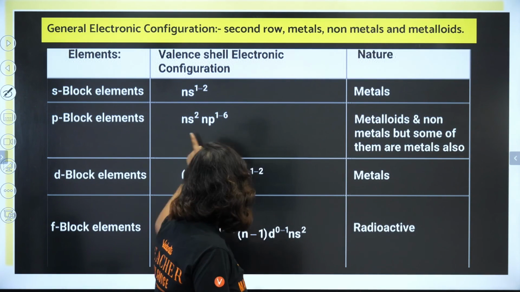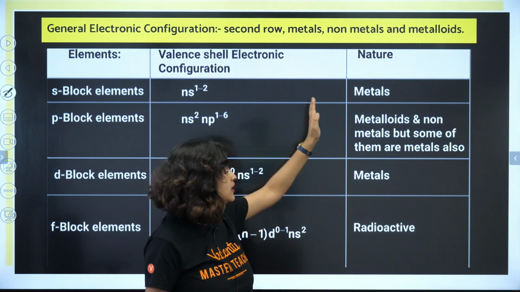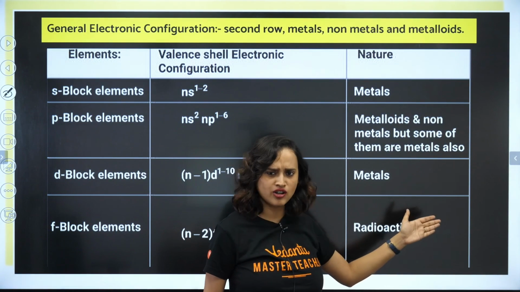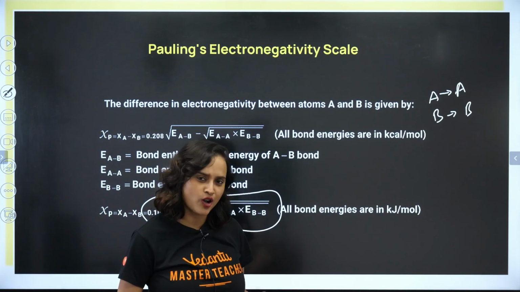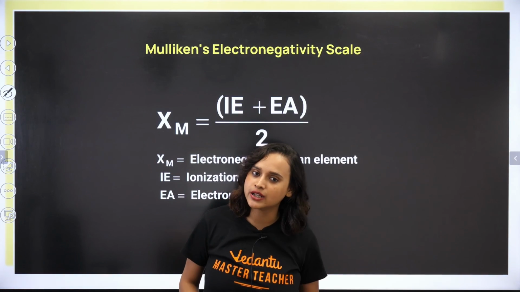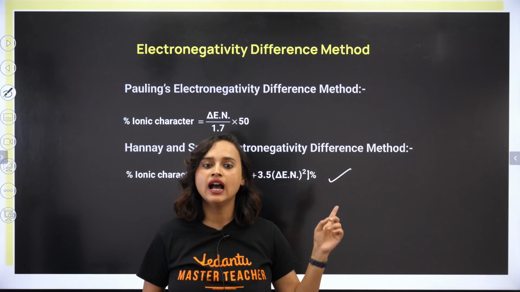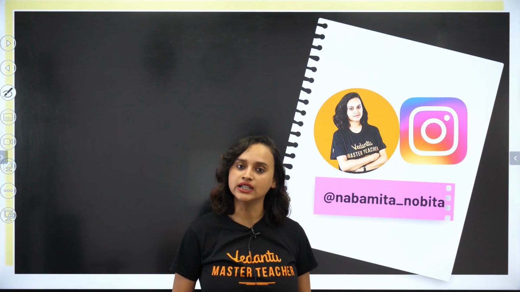For P block, it is metalloids and non-metals, but some of them are metals as well. D block, all metals. F block, majority of them are radioactive. Pauling's electronegativity scale I have already explained. Mulliken's electronegativity scale I have already explained, and we had also done the Allred and Rochow electronegativity.